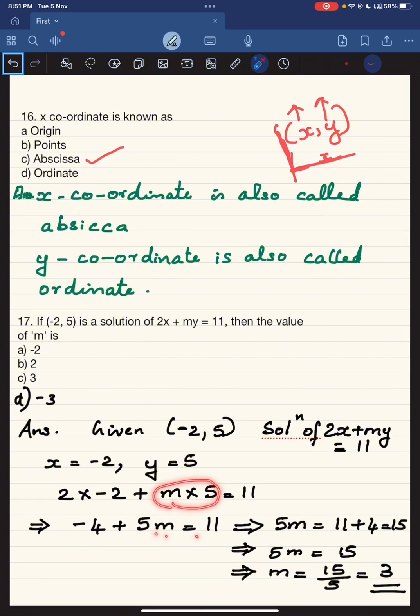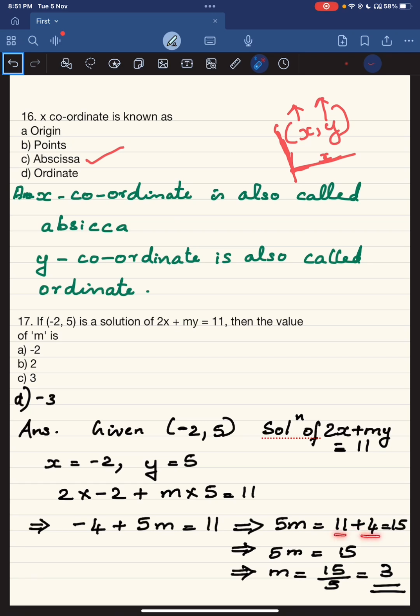5m minus 4 is equal to 11, and we have to find the value of m. So we keep 5m on the left side and transpose all other numbers to the right hand side. Here already there is 11, and we transpose minus 4 to the other side, then it becomes plus 4.